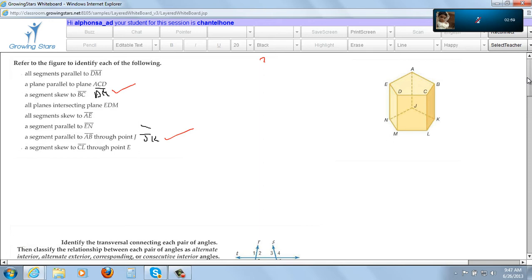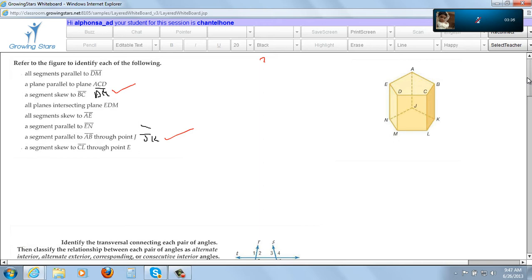Identify the transversal and also give me the name of the pair. Corresponding. Yeah, of course they are corresponding, but to which transversal does this pair belong? To T and B. Transversal S. Very good.